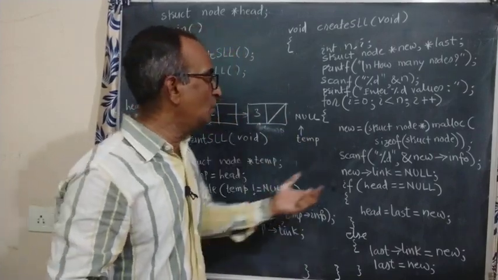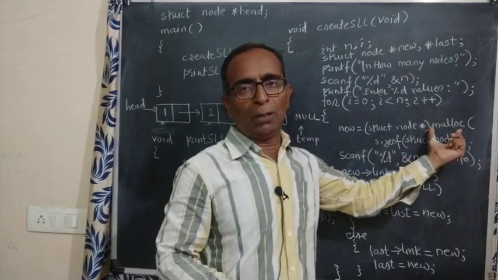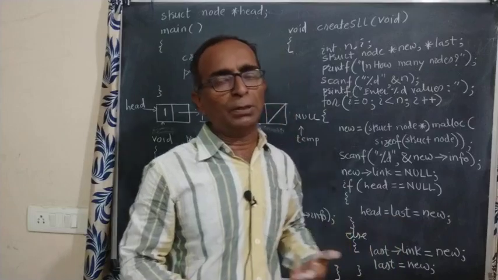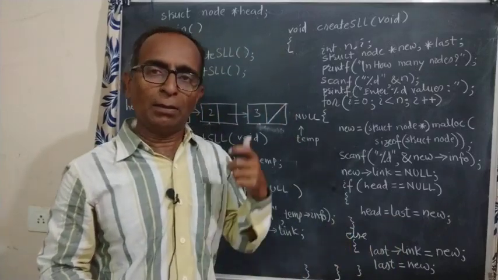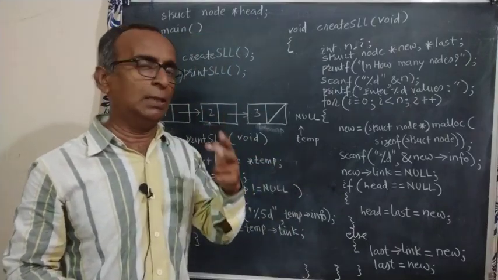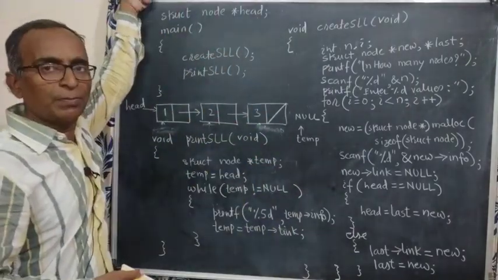Then as we are using the malloc function, a dynamic memory allocation function, which is defined in stdlib.h, you have to include that too. So you have to include two header files first.